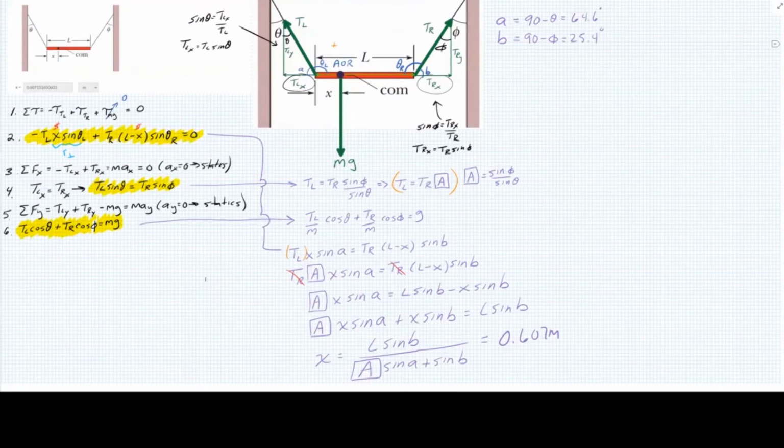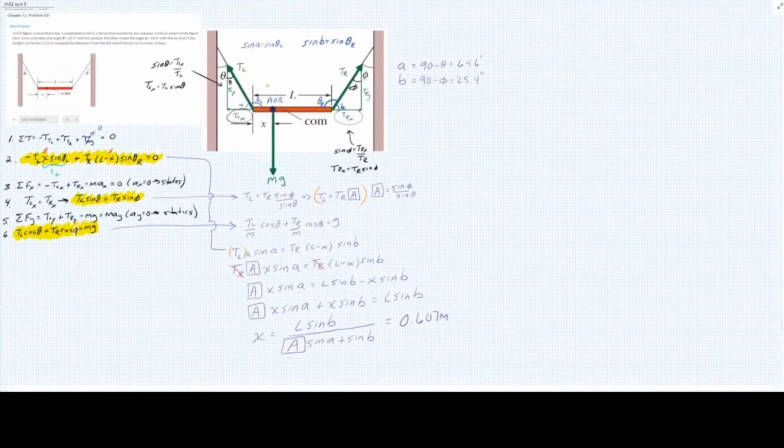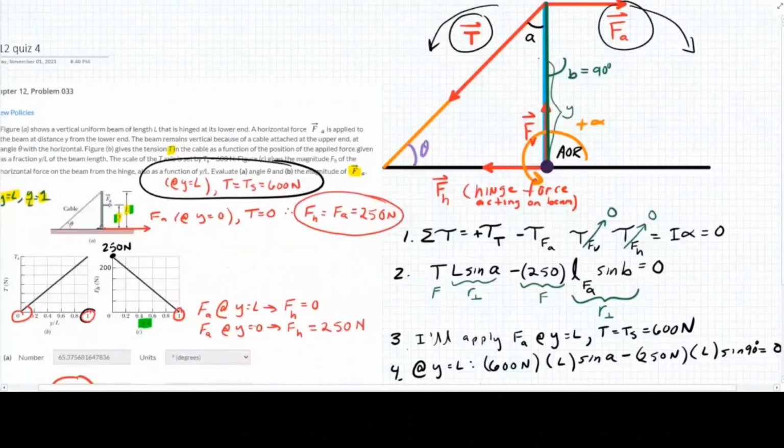Let's do one more quiz before a break. Chapter 12 quiz 4.